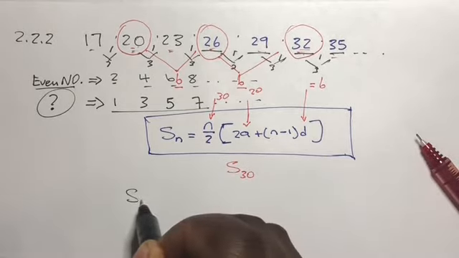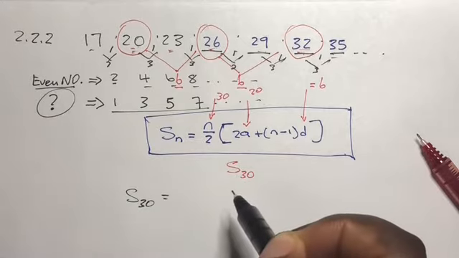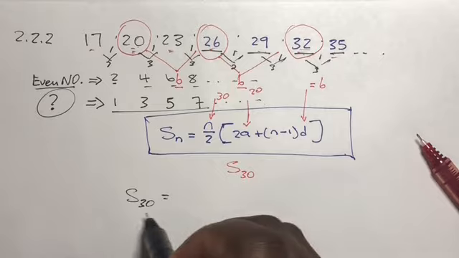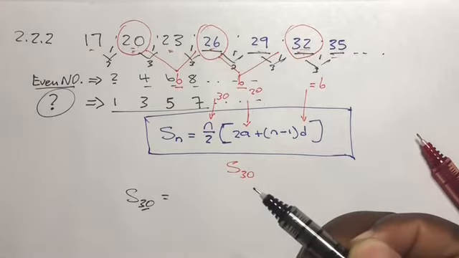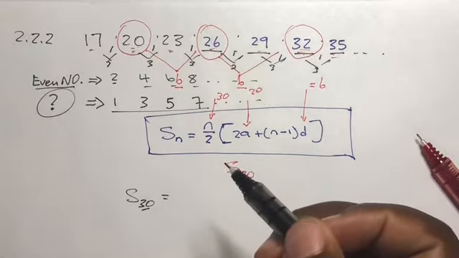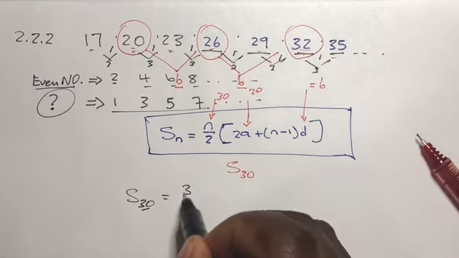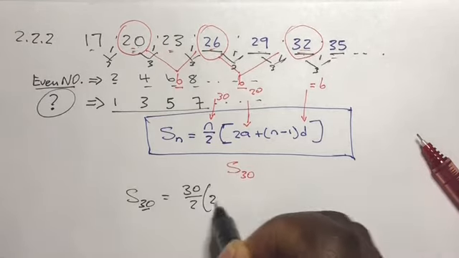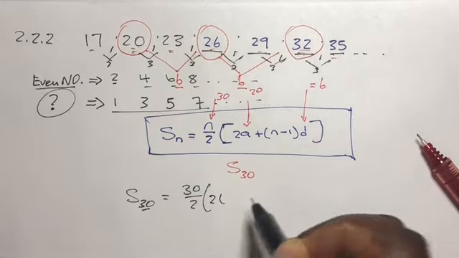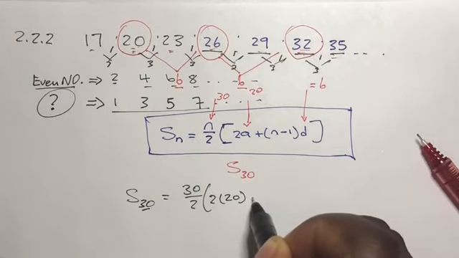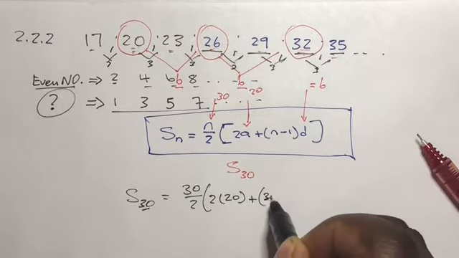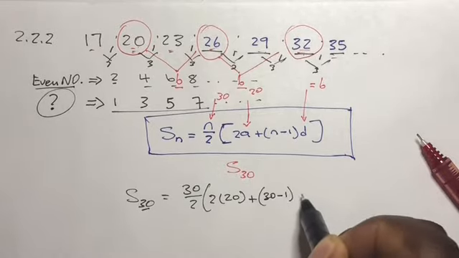So that means the sum of the 30 even terms of the sequence is equal to, where you see N, you just substitute with 30. So that means you've got 30 over 2 into 2 times our A, which is 20, plus our N, which is 30 minus 1.